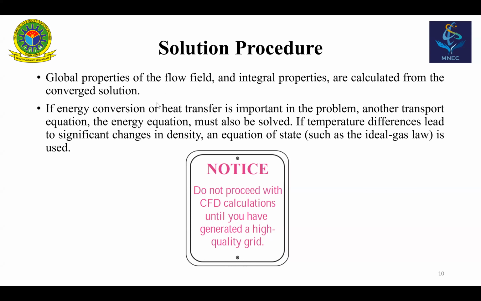As I said, if there is some energy conversion that is needed, we have to introduce the conservation of energy equation. And if there are some changes in the density, then we also have to introduce the ideal gas flow. We will eventually see that when we work with ANSYS more.